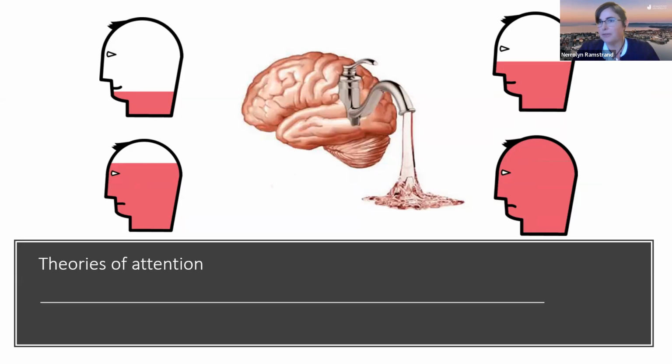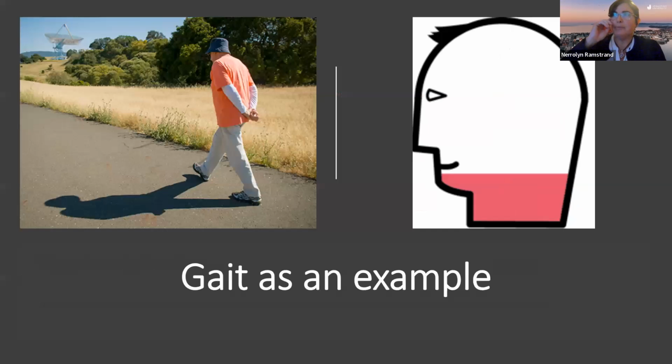This may be subconscious. So we can use gait as an example. Here's a fellow with no known issues that may affect his gait, walking down a flat street, level surface, no risks in the way. The attentional demand for walking, we know that there is some. So it's not zero. It's not an automated task like some people may suggest.